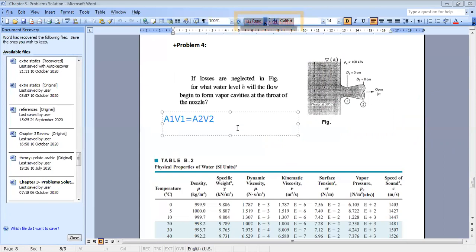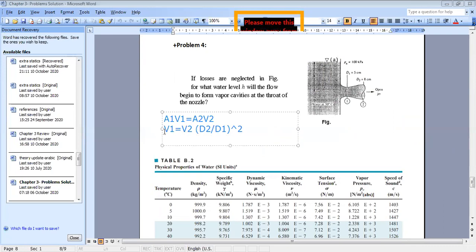So we can write that V1 is equal to V2 times the ratio of diameters squared, (D2/D1)². Because if you simplify pi over 4, you get at the end that V1 is V2 times (D2/D1) squared. Now we have related the velocities.